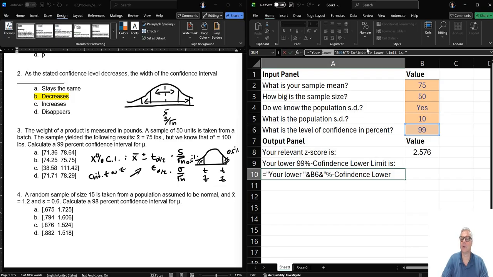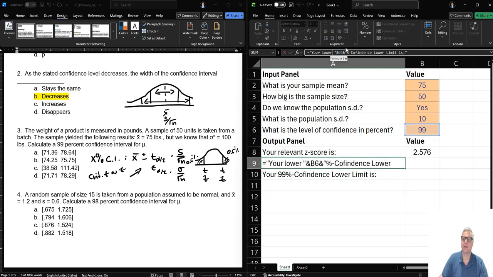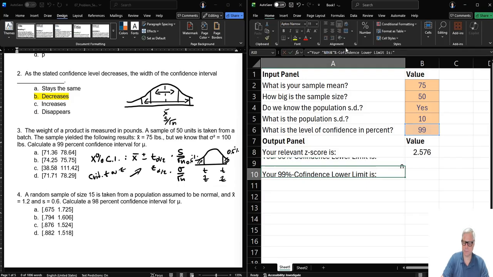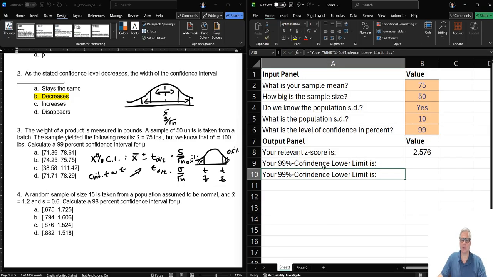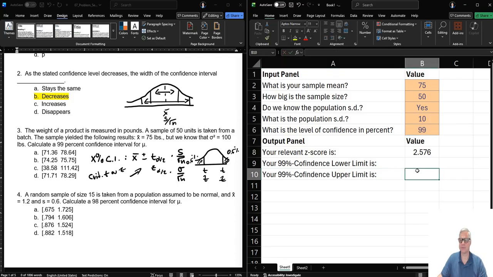Well, actually that was too much language. It's just your 99% confidence lower limit is, that's good enough. So we have to delete again some words. Okay, I think this is clear now. So now we have your 99% confidence lower limit is, and below we have to change that to upper. Okay, that is just cosmetics.